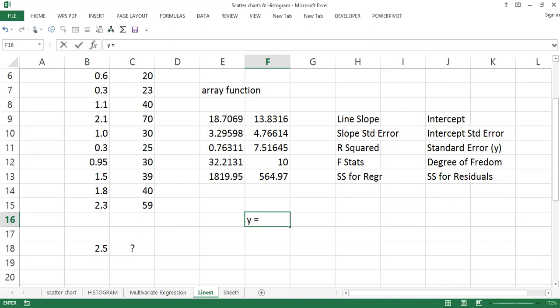You say y equals mx plus c, right? Yes. So what do you think m is here?